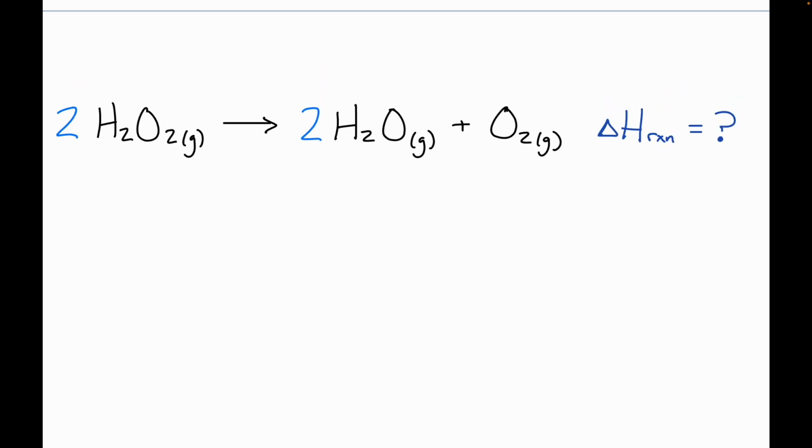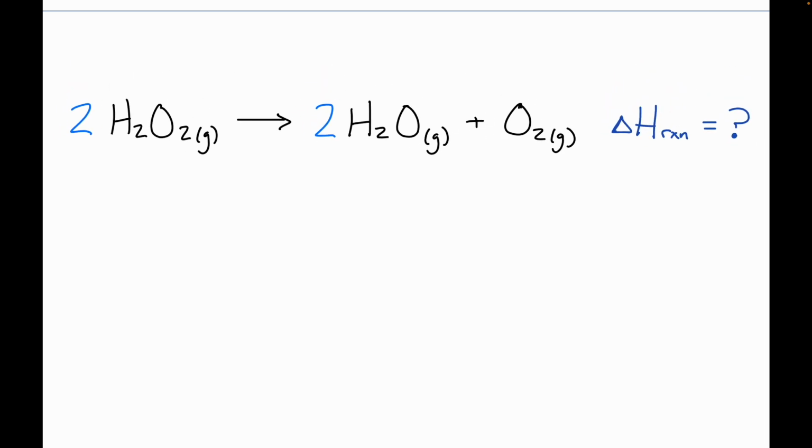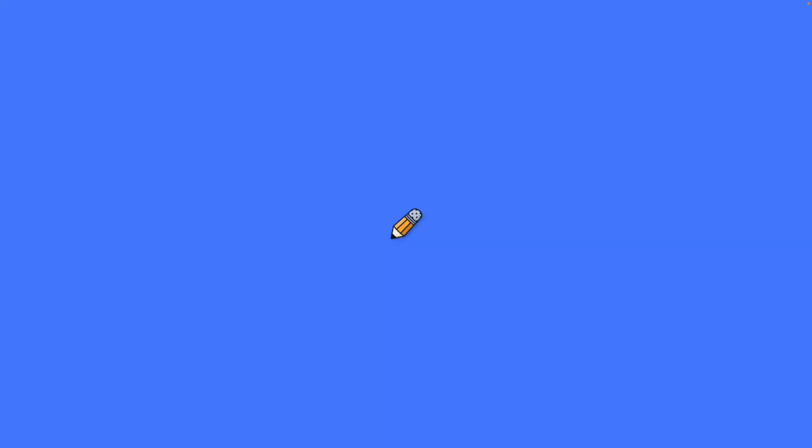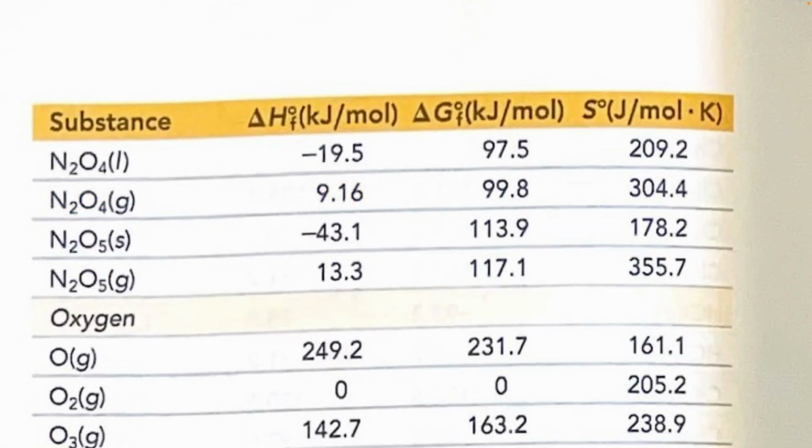All right, so for each of my reactants and products, I need to look them up on that table. I'll give you a second to finish copying down this chemical equation, and then we're going to bring up our constants page. Don't need that guy anymore.